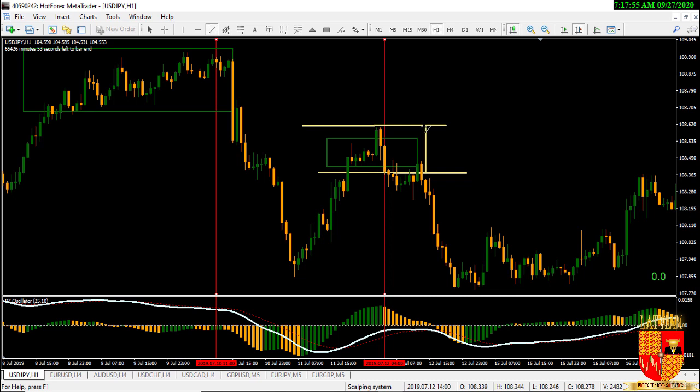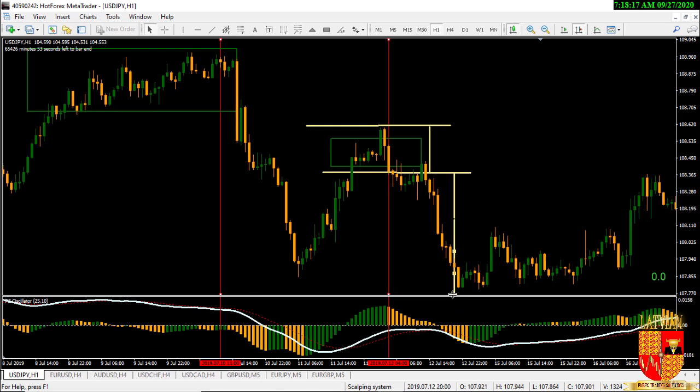In this case I think we wouldn't have gotten it, so it's 1, and then 2, and then 3 would have been below there. The main reason is that our stop loss was a little bit too far, so our take profit would have been somewhere there.